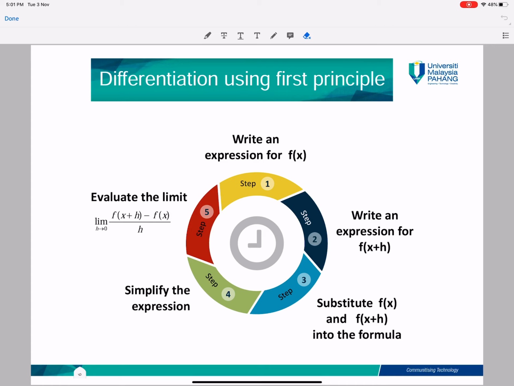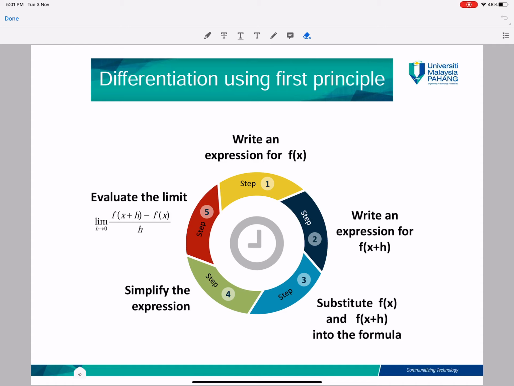So what are the steps required in order to use first principle to find the derivative? The first step, you have the function f(x). In the second step, you need to write an expression for f(x plus h).